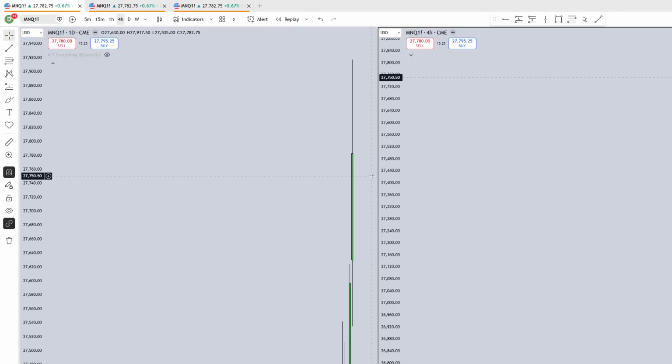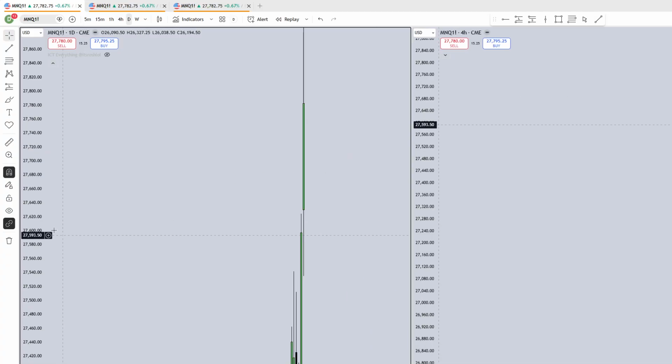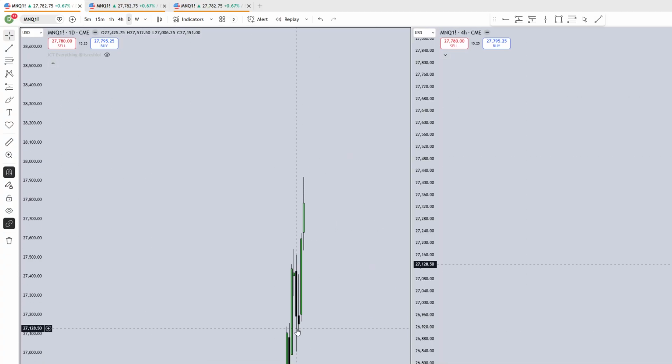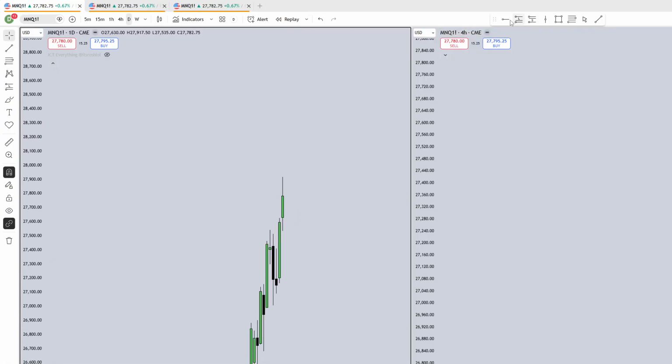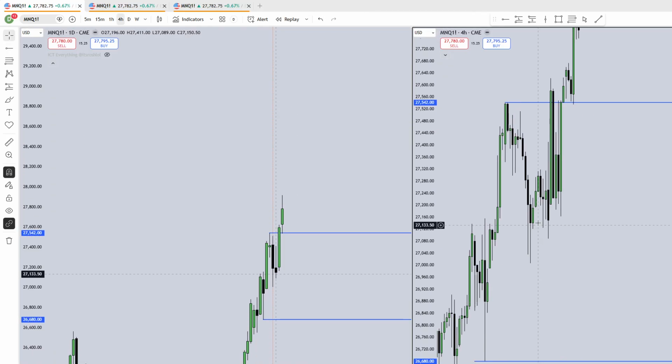So starting on a daily time frame, we're looking at Tuesday. Tuesday is right here. So before that candle had printed, I was looking at that daily buy side and this daily sell side, and if I go down to a 4-hour chart, I can refine these levels.